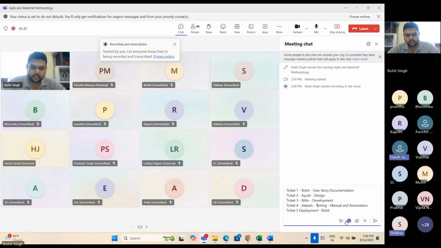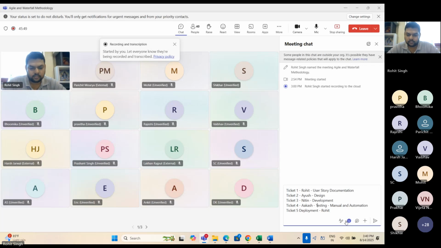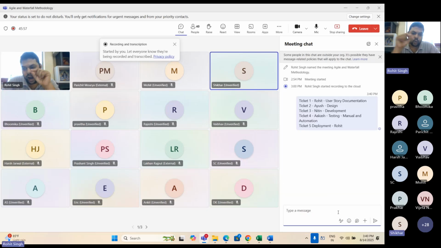Sir, I am saying, it is written by you. Ayush will do the design, everything. Clear. Exactly. So how do you get to know? Because you have a pictorial, a visualization, you have ticket numbers, you have tickets in front of you. So this is known as a Kanban board.